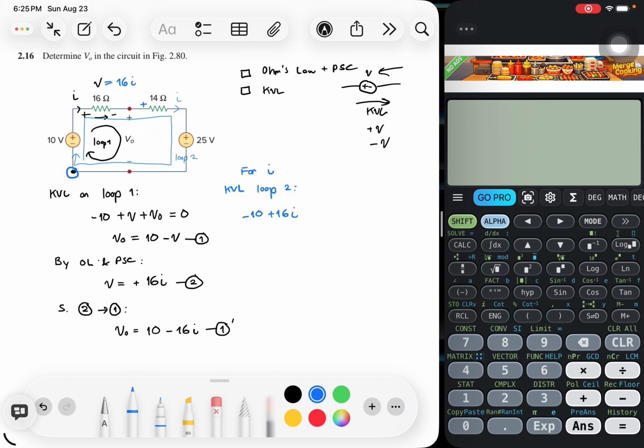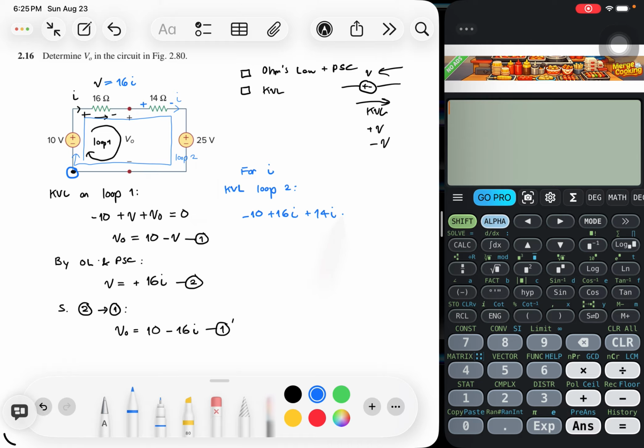ohms, this is also plus to minus because we're assuming that the current moves from left to right. So that's 14I. Then here comes the voltage source, 25 volts. Our direction of travel is entering the positive terminal. So therefore, we're going to have a positive 25 volts.